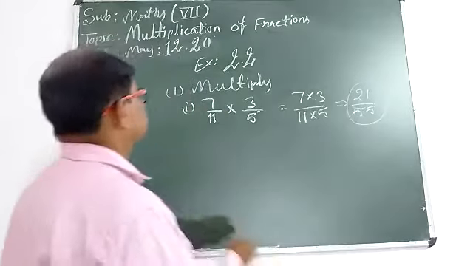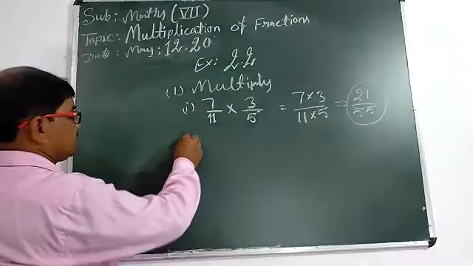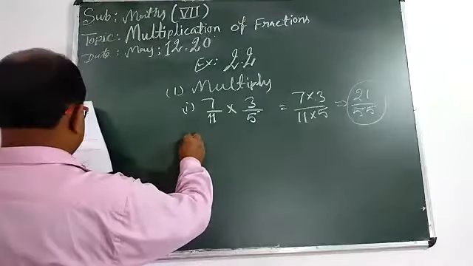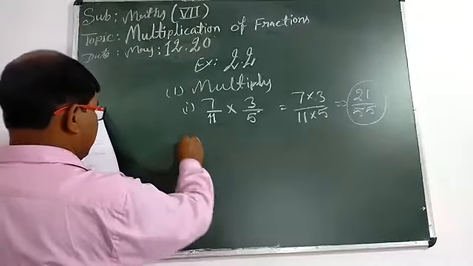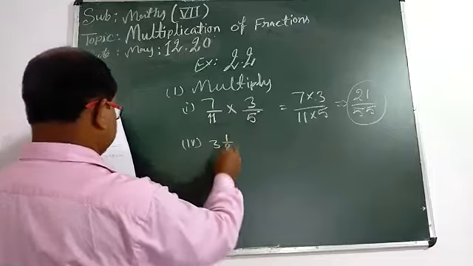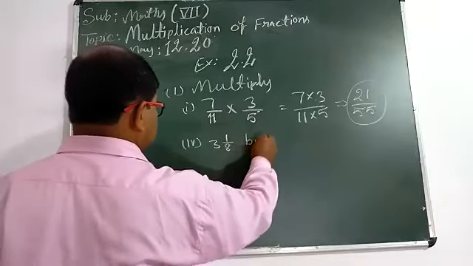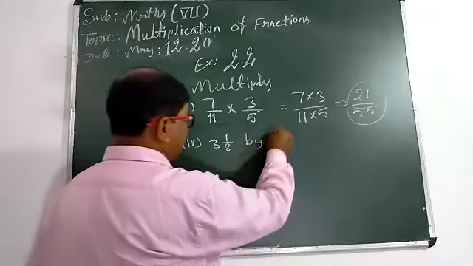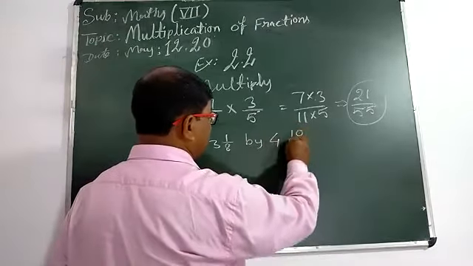Okay? Now students, fourth sum. 3 whole number 1 upon 8 by 4 whole number 10 upon 11.